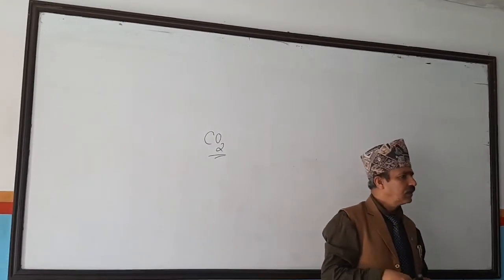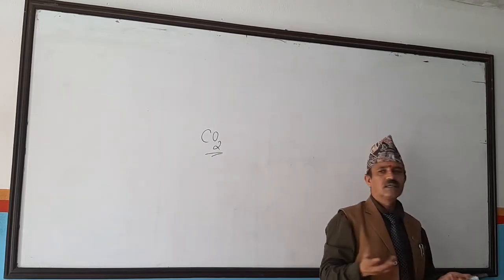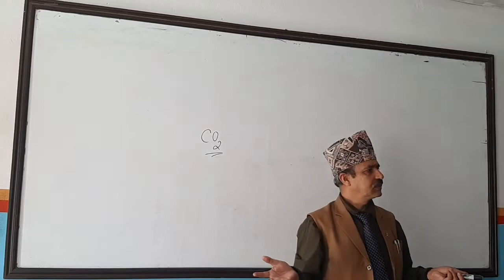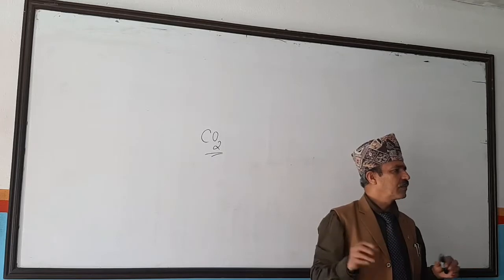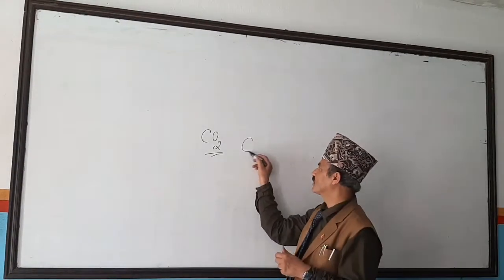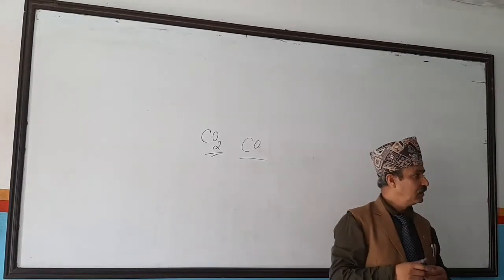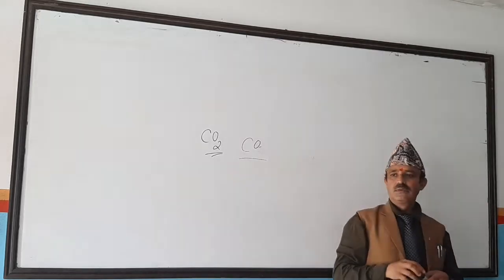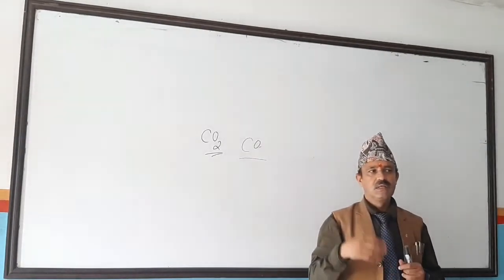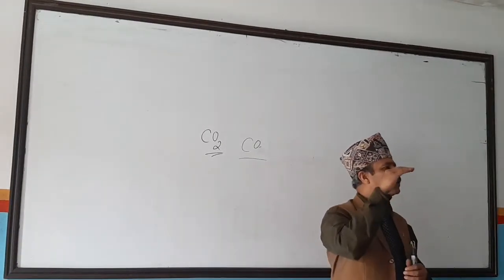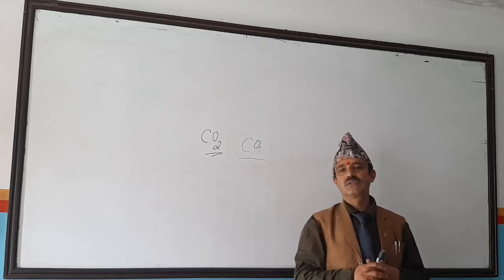Carbon dioxide and carbon monoxide, mainly these two. CO is carbon monoxide, mono means one, CO2 means two. They reach the atmosphere, form a layer, trap the heat reflected from Earth's surface, and increase the temperature, causing the greenhouse effect.